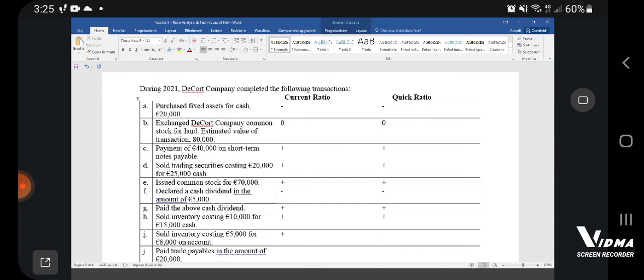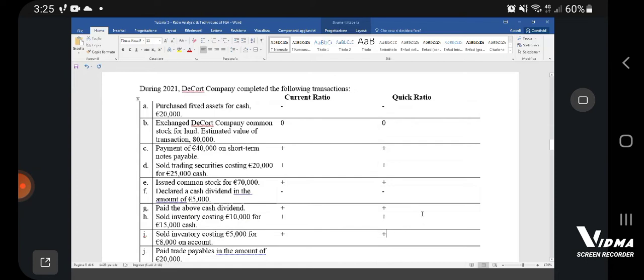Do I have any change in the quick ratio? Okay, the value of the inventory is not impacting the quick ratio, but still the quick ratio is impacted by the current assets. And the current assets are going up, are increasing. So the quick ratio will be increasing.